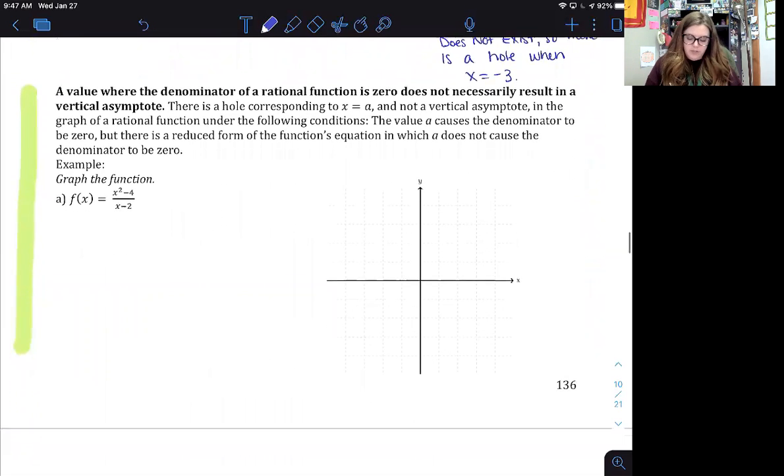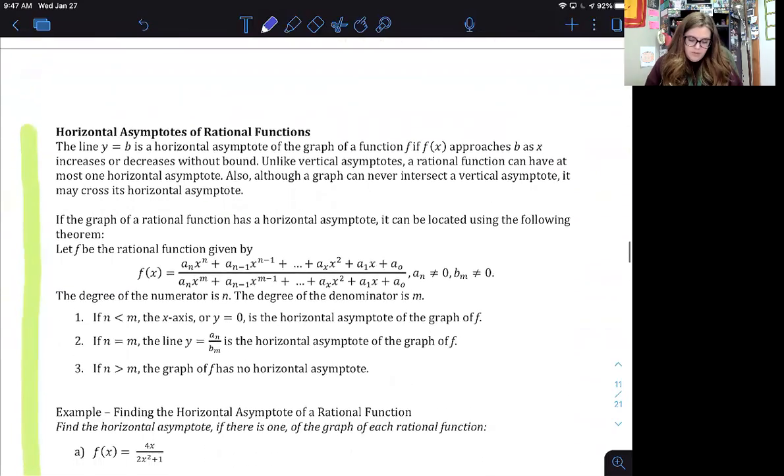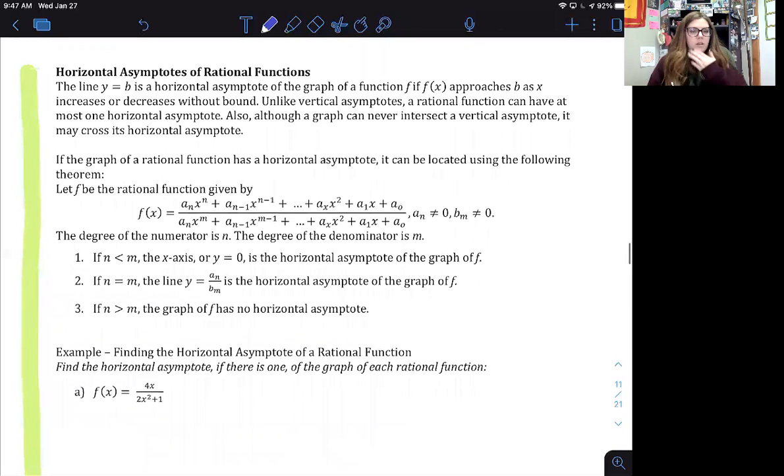All right, so after talking about vertical asymptotes, let's talk about horizontal. I gave you your book's definition. Horizontal lines create our asymptotes, and they're completely based off the degrees. You can find the horizontal asymptotes by actually doing long division or synthetic division, depending on your polynomials, but we're going to use the degree rules to help. The degree of the numerator is n, and the degree of the denominator is m.